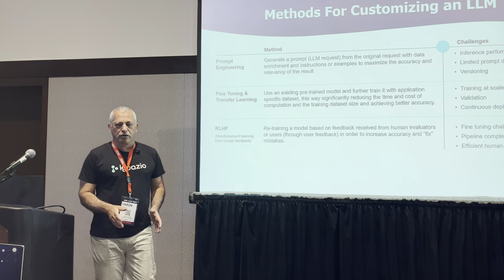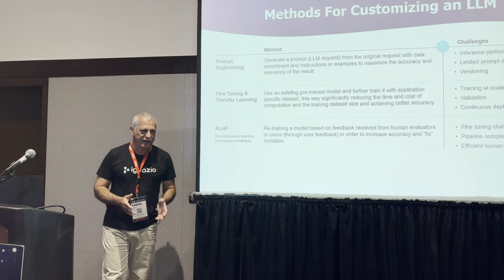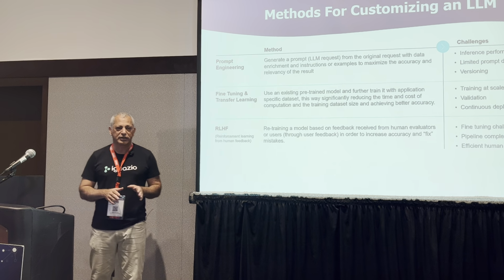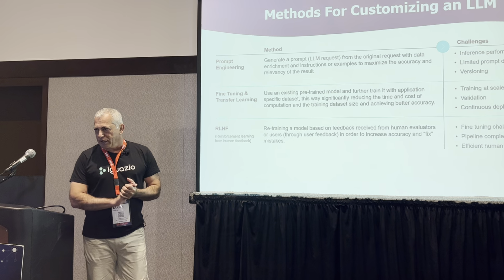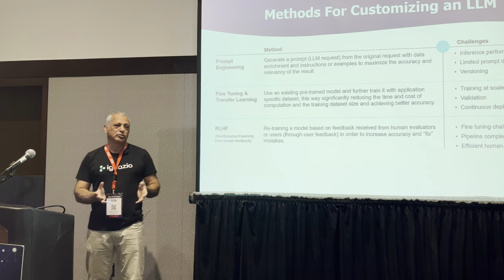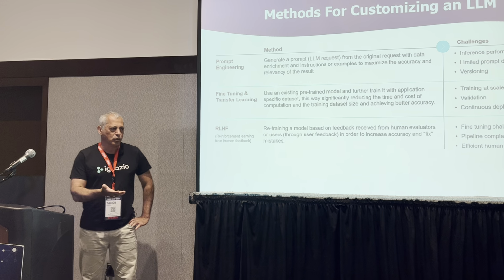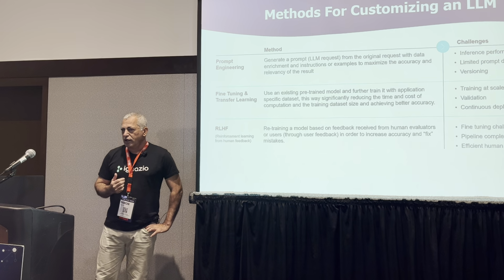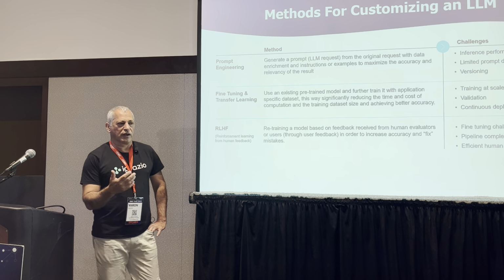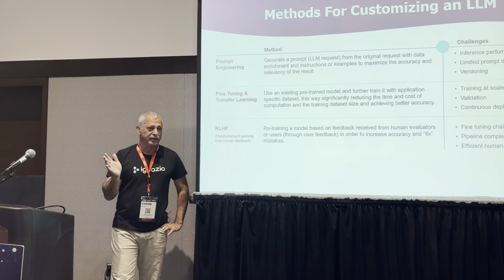Now, how do we take those models and do something specific with them? Because again, if we just want to play around with ChatGPT, we use the API, and we're done. But the key power of LLMs is to tweak them to a specific commercial application, which will work with your own data. Okay. There are also aspects of license, like everything you prompt to ChatGPT belongs to OpenAI. Okay?